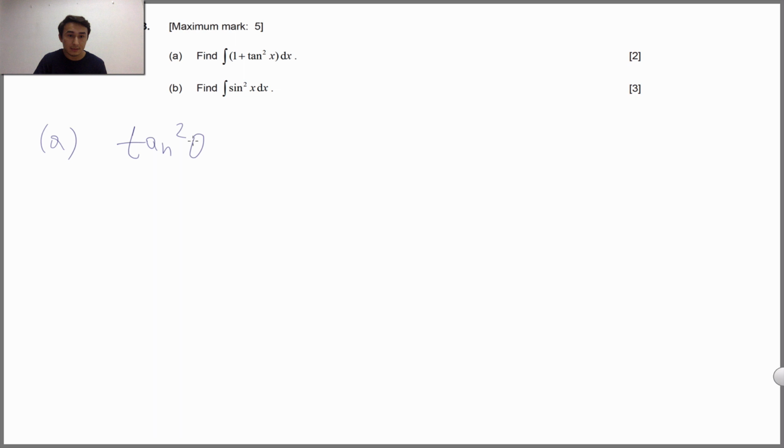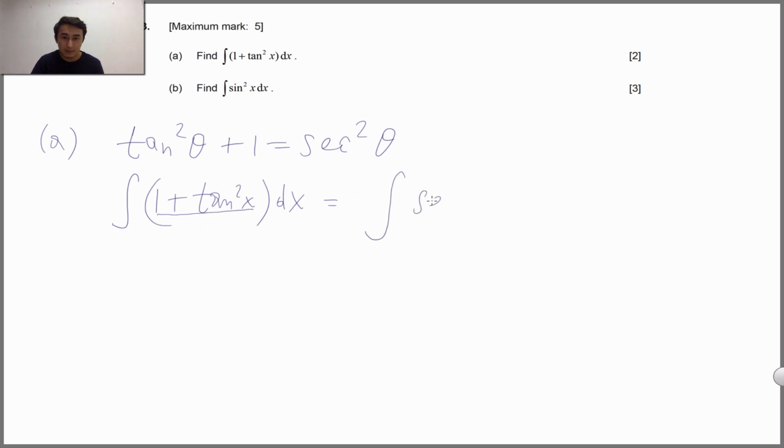Tan squared theta, where theta is any angle, plus 1 is equal to secant squared theta. So this integral, 1 plus tan squared x dx, we can rewrite this inner part as secant squared x dx.